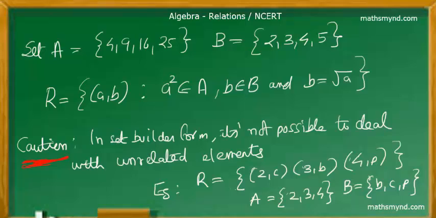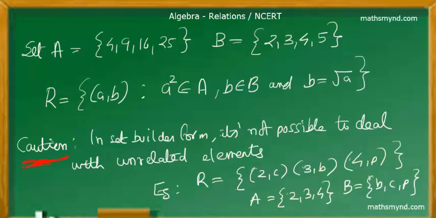Now, one important point which I'd like to mention is that if the set builder form was given to you and you are asked to write the elements in the roster form, it can be easily seen that this much representation is not enough.